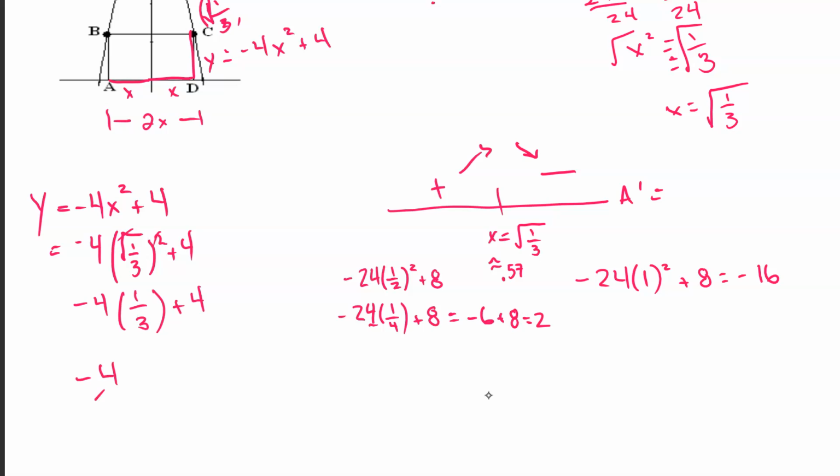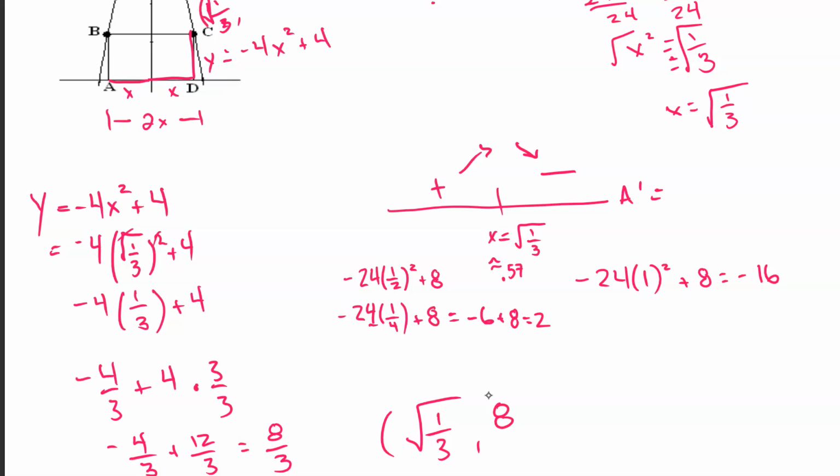So -4/3 plus 4. We need this over 3. -4/3 plus 12/3. 8/3. So our point is square root 1/3 comma 8/3. Sorry I made that mistake, guys. Ugh, it's gonna haunt me now.